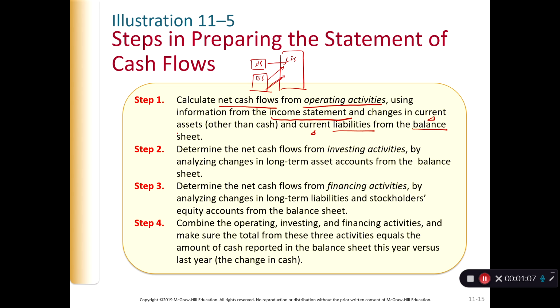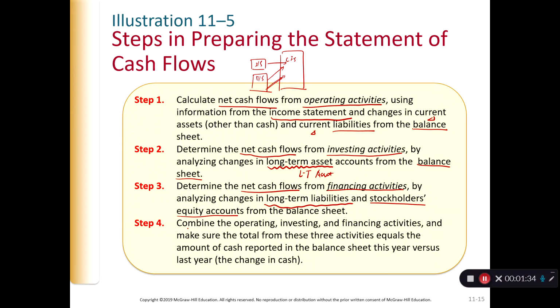Okay, step 2. We want to determine the net cash flow from investing activity by analyzing the change of long-term assets in the balance sheet to understand this. And step 3 is we want to determine the net cash flow from financing activity by analyzing changes in long-term liability and stockholder equity sections, all right?